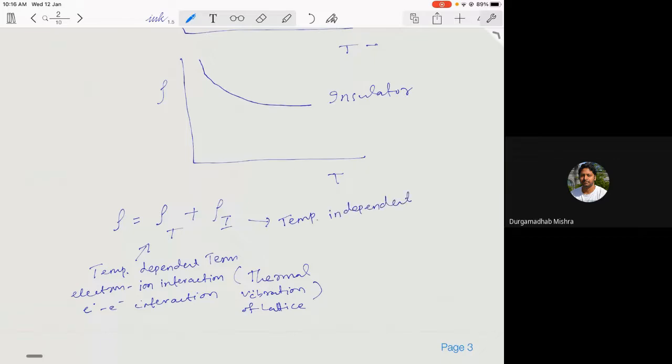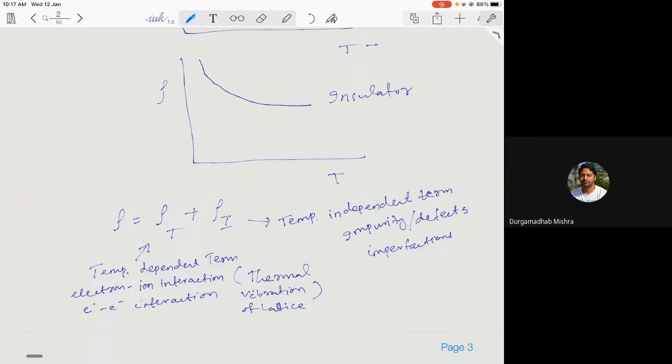And then you have a temperature independent term, and this is normally due to impurities or defects in the crystal. If you have impurities or defects, or imperfections in the crystal, they lead to a temperature independent resistivity. That term doesn't depend on temperature at all.